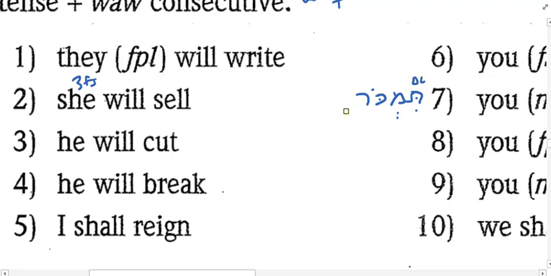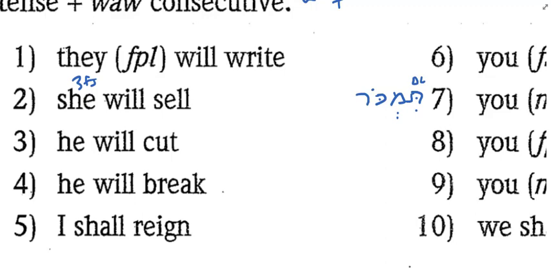So I don't need to do anything else. I'm done. Timkor, she will sell. Okay? By the way, timkor could also be translated how? With a prefix tav and no ending? It's not only 3FS, that could also be what? That could also be 2MS. So it could also be you, man, will sell. So you do have to remember that. That form is ambiguous, but we're being told it's she, so we know that prefix tav is for 3FS.